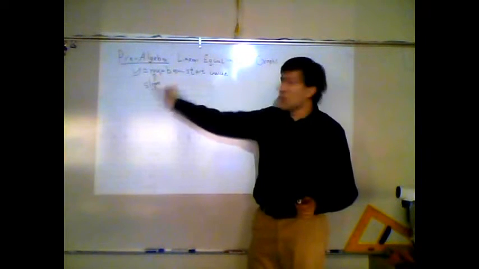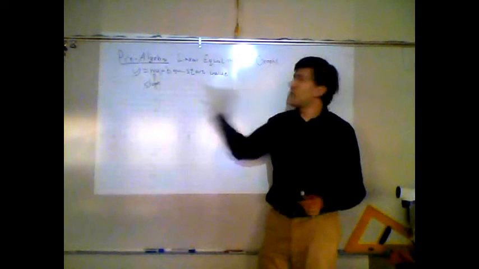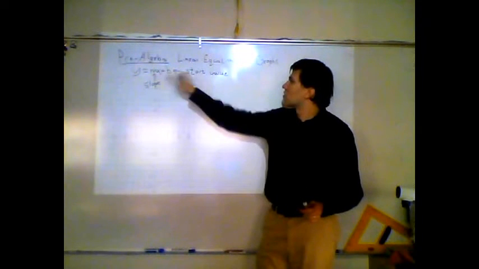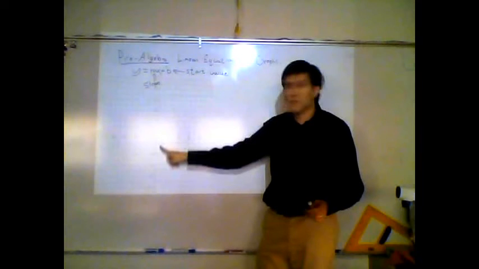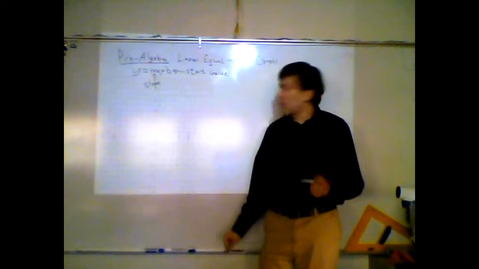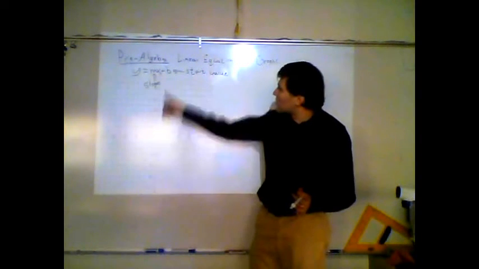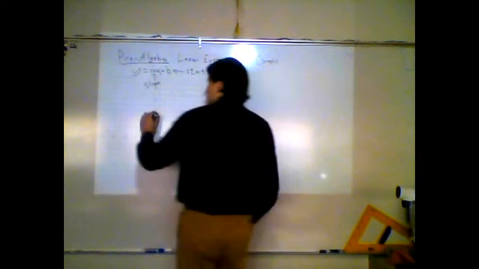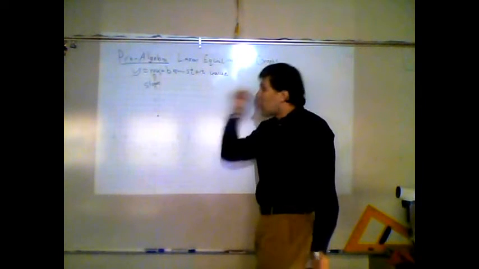Now that we have the slope terminology, we need to get new terminology for our start value to see what it means on the graph. So remember that on the graph, when we have our start value, it starts at x equals 0 and y is that point.